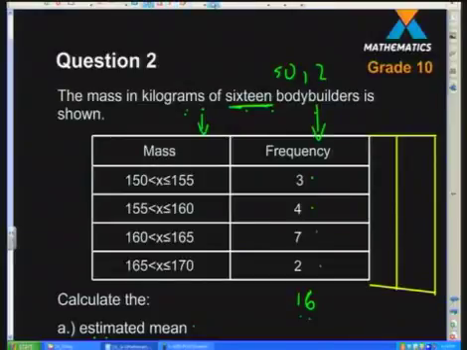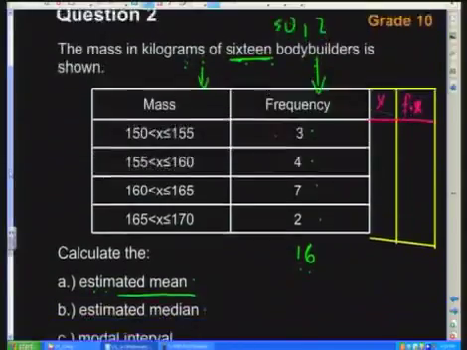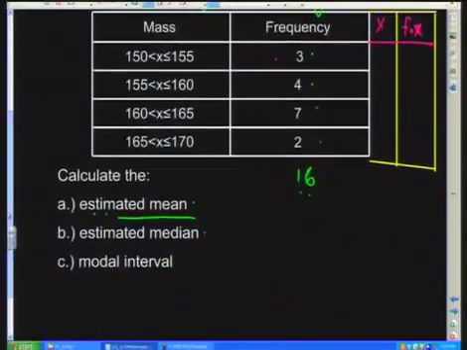So why do we need this? Because we're dealing with frequencies, we need to work out the midpoint of each of these intervals. So I'm going to call the midpoint x, and then we work out the frequency times your midpoint. Okay, and this is how you work out your estimated mean for a grouped set of data.